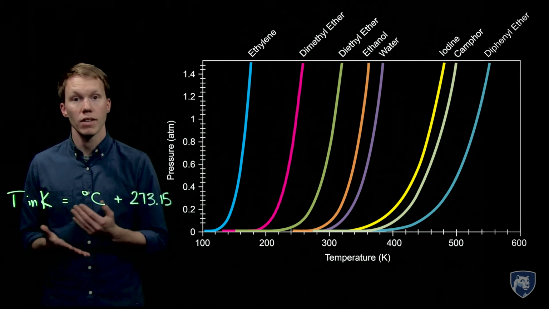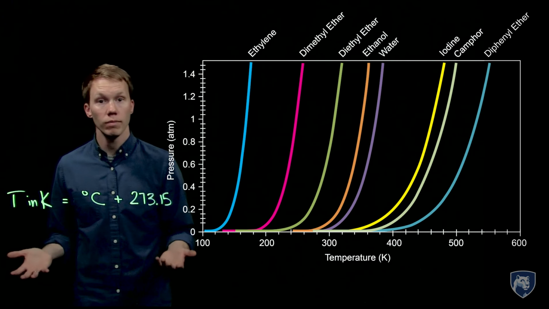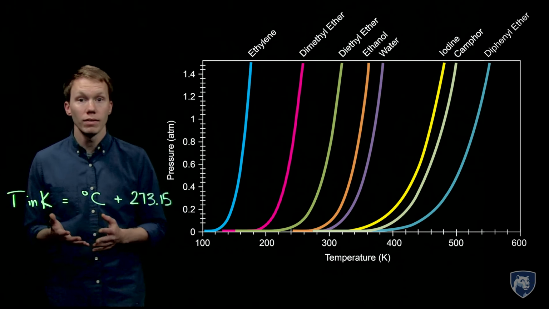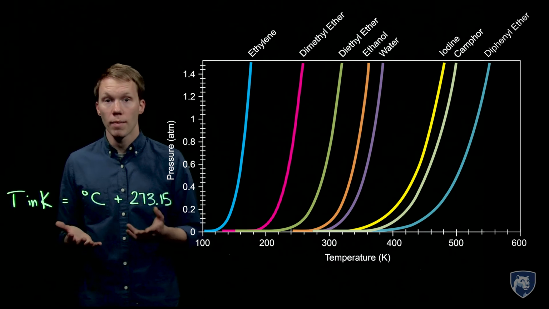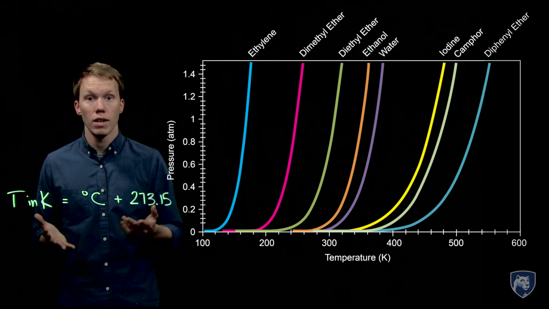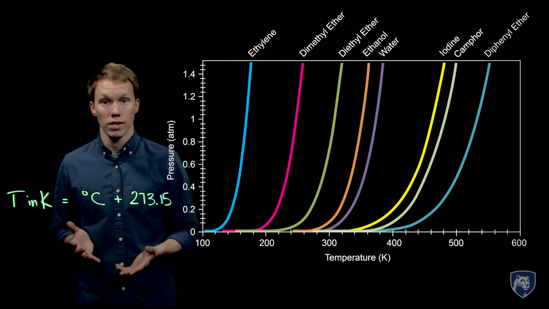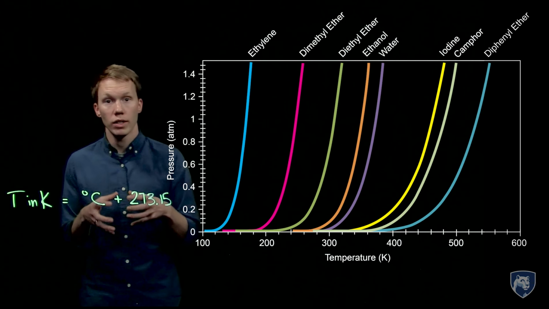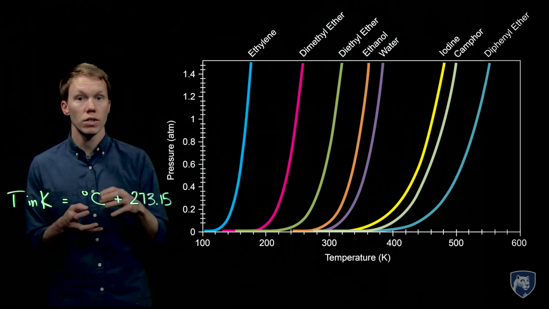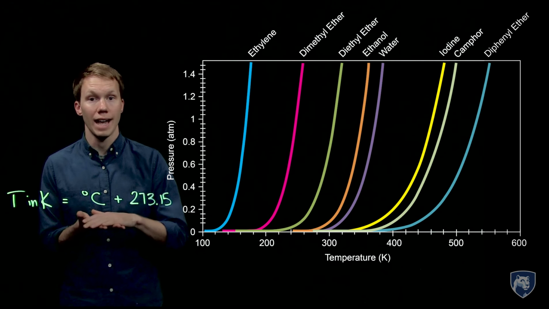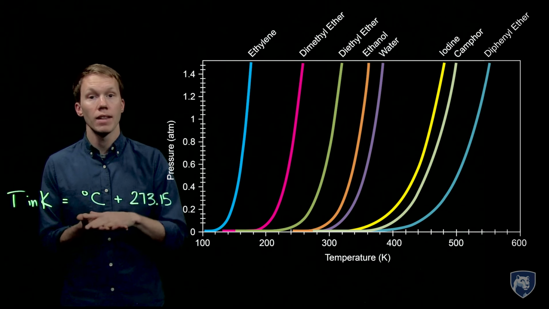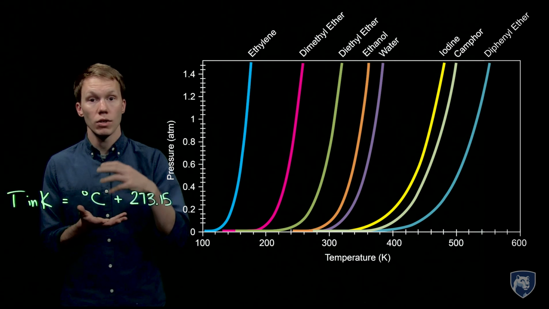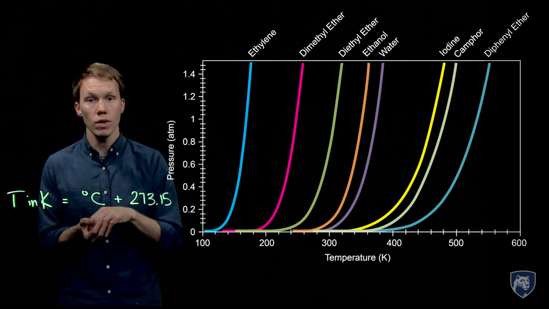So what determines the vapor pressure for a given substance? Well, the same thing that determines melting point and boiling point: intermolecular forces. Intermolecular forces, remember, attract molecules to one another. So in order to escape the liquid and transition to a gas and exert that vapor pressure, they must have the ability to overcome those intermolecular forces.